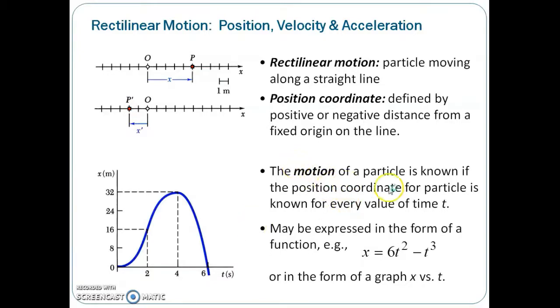The motion of a particle is known if the position coordinate for the particle is known for every value of time t. This motion can be given in the form of equations in x and t, as you can see here, or in the form of a graph of x versus t.